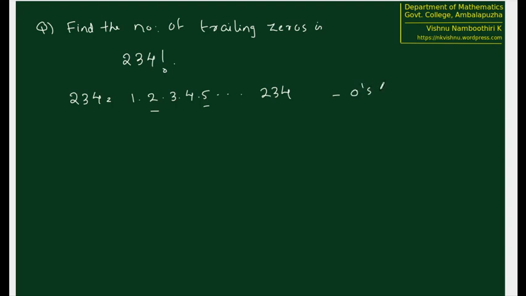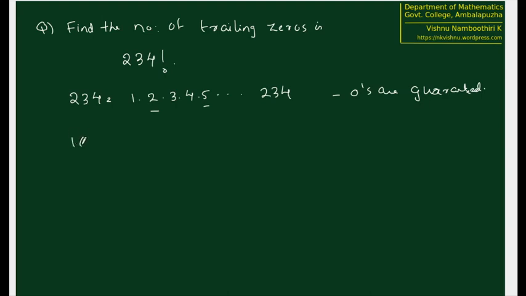Zeros are guaranteed because there are 2's and 5's in 234 factorial. Now, how to find the number of zeros, or how many multiples of 10 there are in 234 factorial, is what we have to find. We need to find the largest power of 10 dividing this.